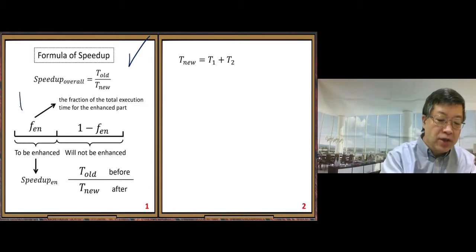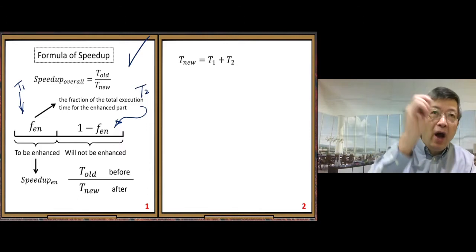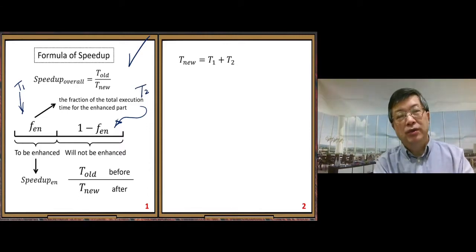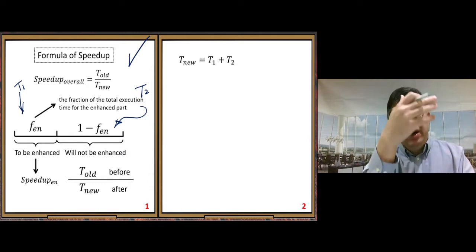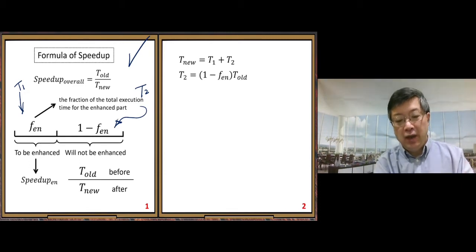T1 is the execution time for the enhanced part. T2 is the execution time for the non-enhanced part.